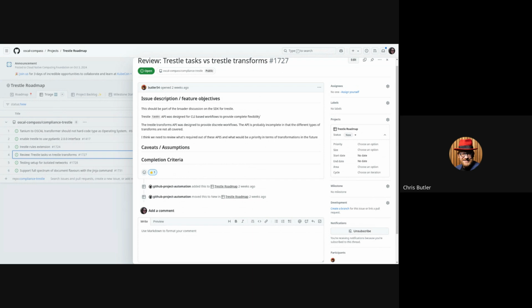Lou, this is the area you've been touching quite a bit in terms of building the tasks. What are your thoughts? Yeah, again, this was kind of evolutionary, and the way I started was using tasks, as you say, because they could do anything, and it's not clear that some of the things I did shouldn't have been transforms instead of tasks.